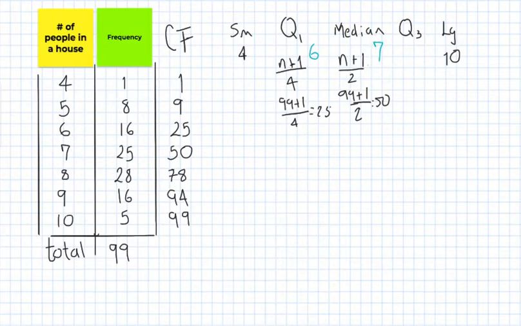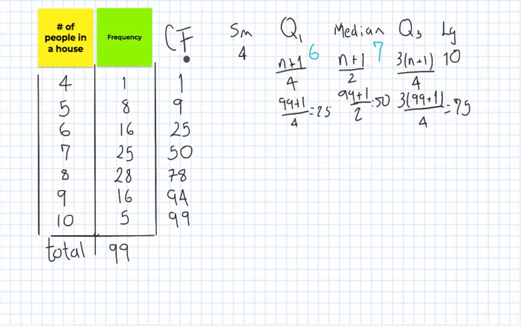And the last one, the upper quartile, the formula is 3 times n plus 1 over 4. Okay, so again, we replace the information. This is 3 times 99 plus 1 over 4. And this is going to give us the answer of 75. But again, we're going to find which is the value that we have in this position.